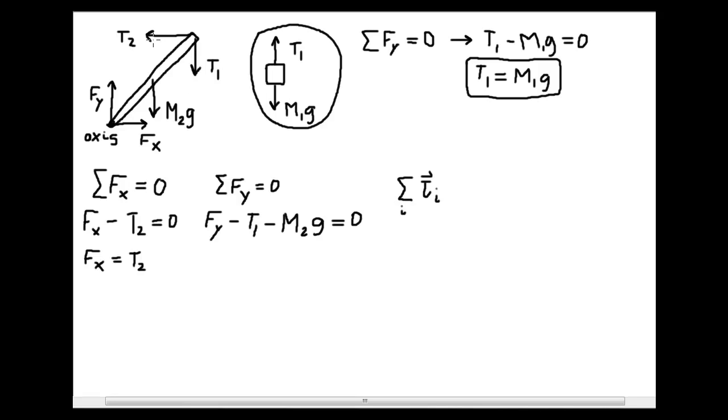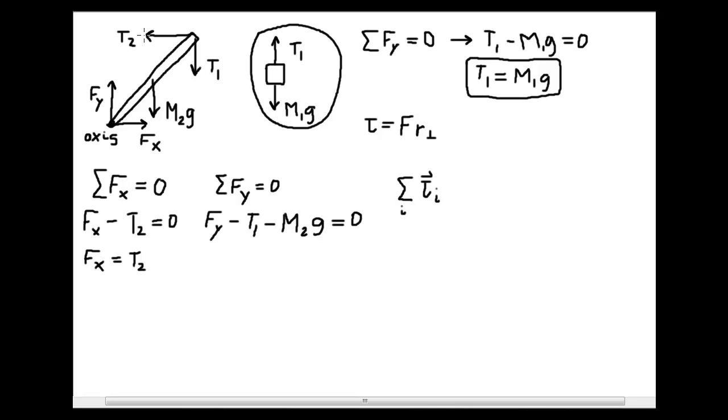All right. Now remember that when you have a torque, you're always going to use this expression: the torque that a force produces about some kind of rotation axis is equal to the magnitude of the force times the perpendicular distance that that force is away from the axis.